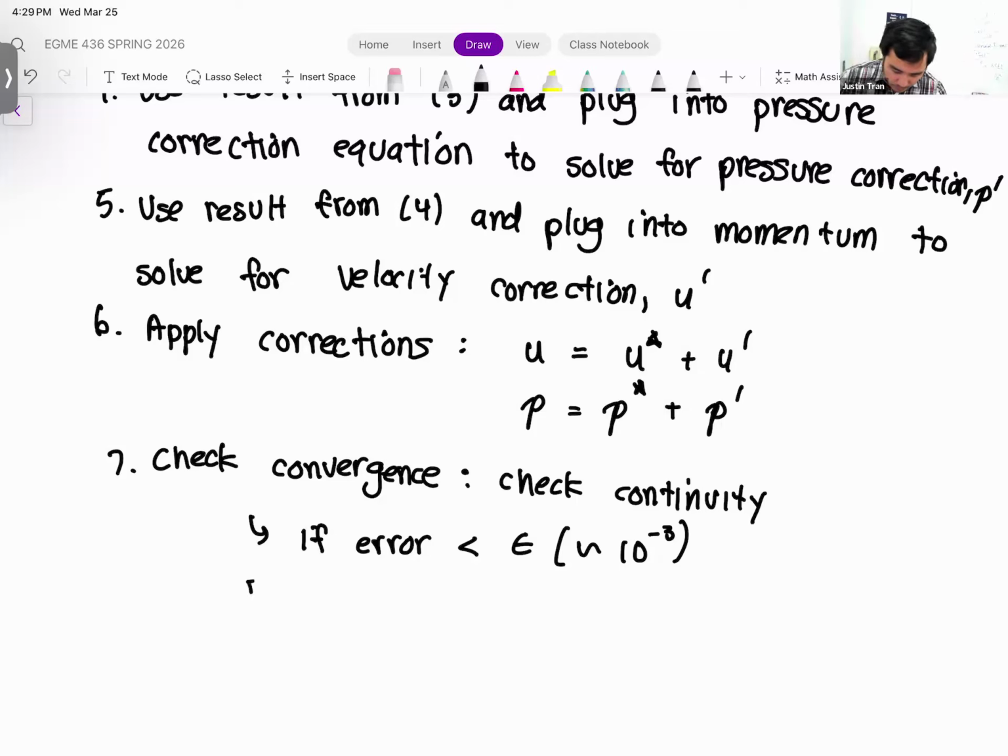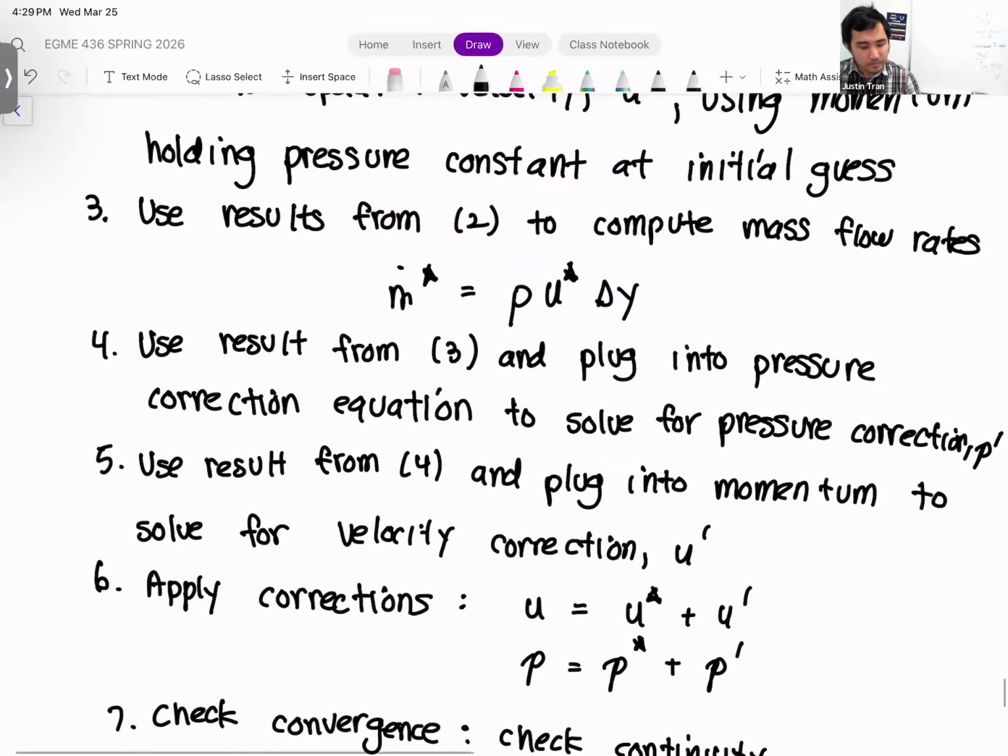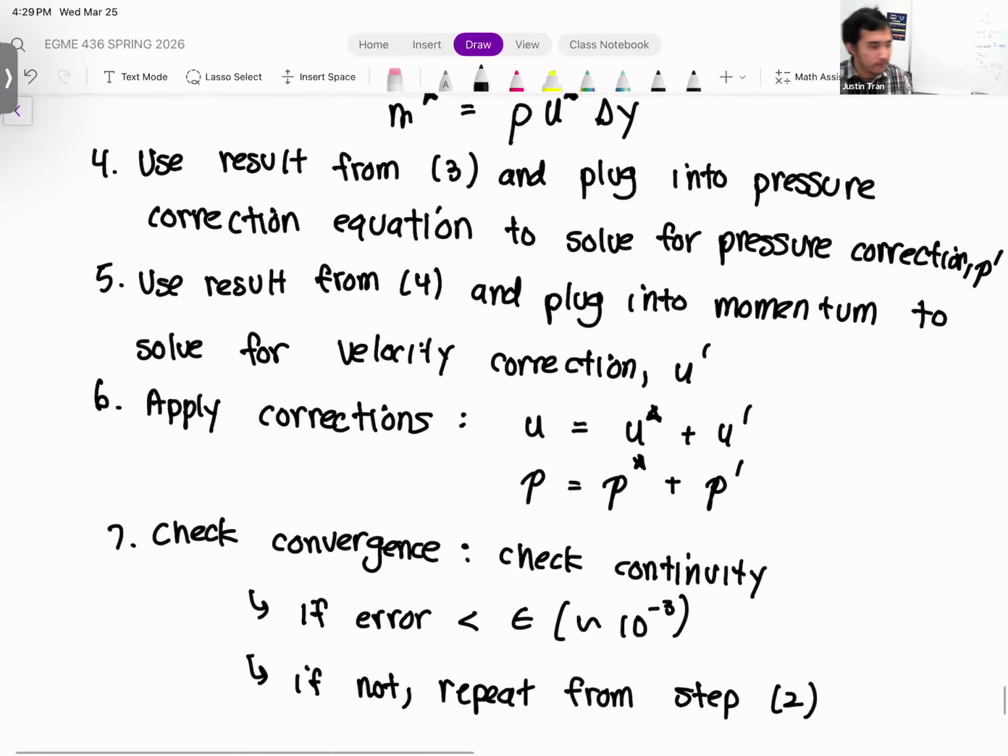If not, we basically repeat this entire process from step 2. So you go back and do the whole thing again.